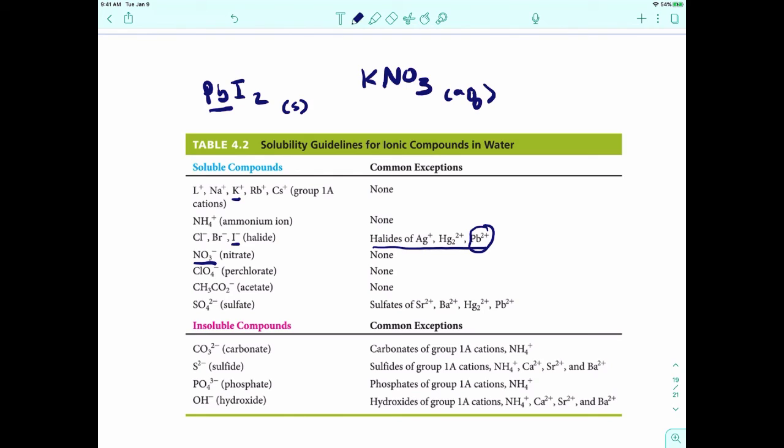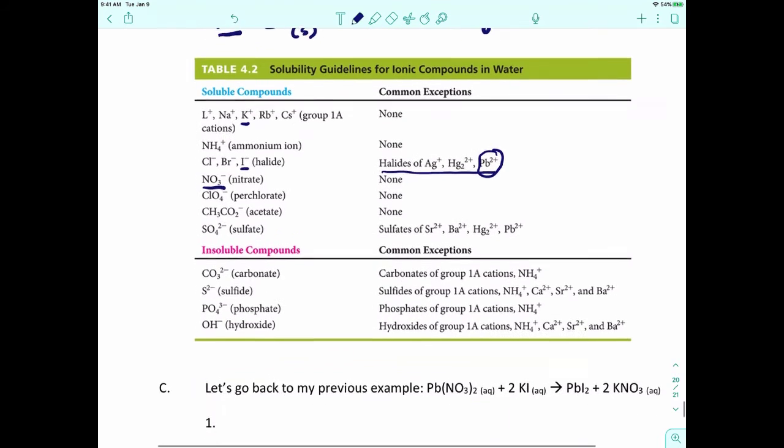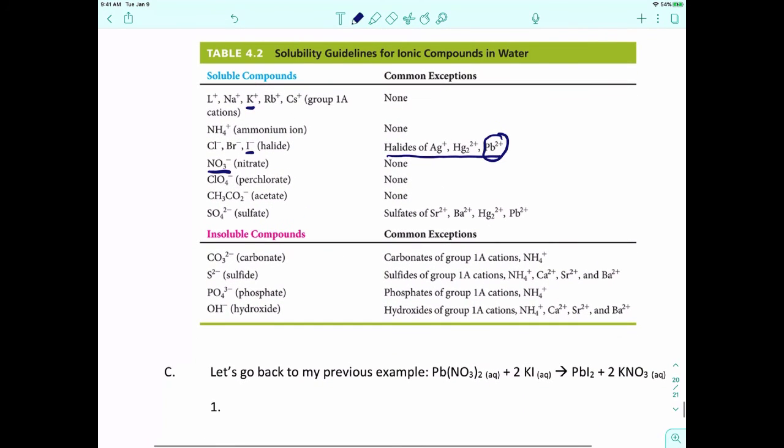So that's how, once we predict the products of a reaction, we can use the solubility rules. Remember back in the last chapter, we talked about the types of chemical reactions, like double displacement, single displacement, and stuff like that. Once we predict the products of the reaction, we can use the solubility rules to help us figure out what is going to be precipitate and what won't.